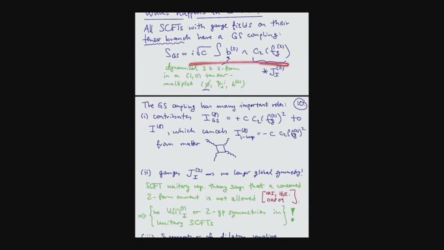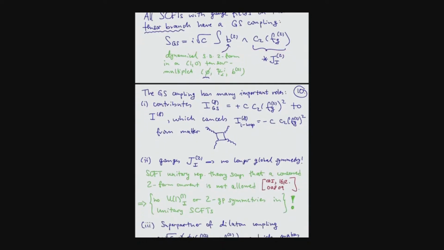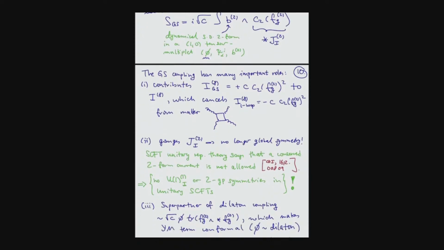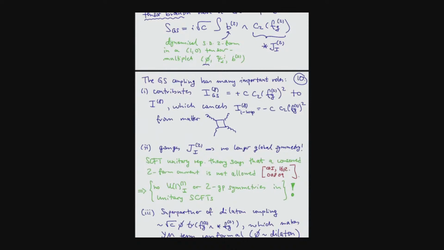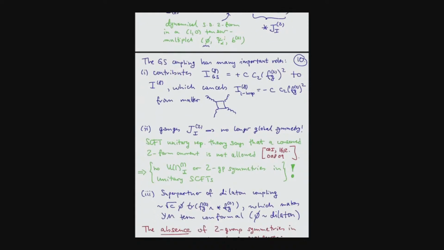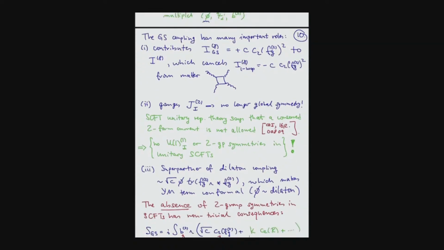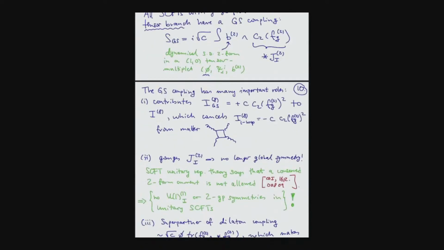The reason this term is always present in a superconformal theory is because it has all sorts of important functions to perform. The canonical way to explain why this term is always there with non-zero coefficient C is because it's required to cancel certain gauge anomalies, right? Because it's a Green-Schwarz term, it contributes a term to the gauge anomaly, which is effectively the square of this term.